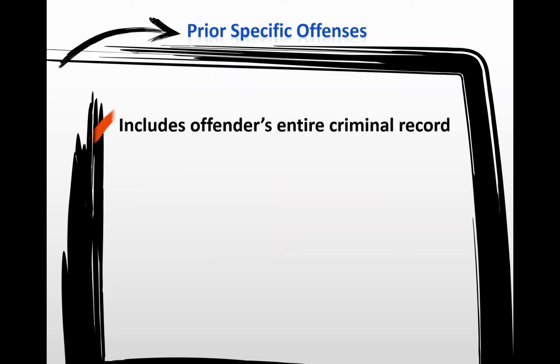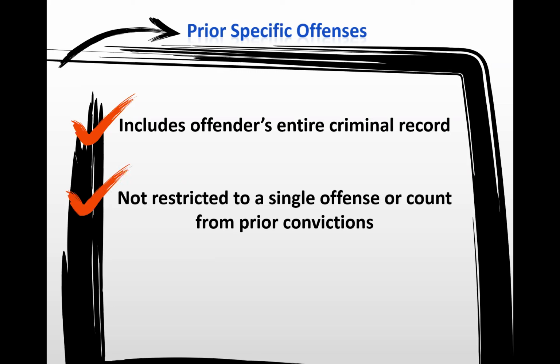Prior specific offenses includes the offender's entire criminal record. This is inclusive of both the juvenile and adult record. Unlike the prior convictions and adjudications factor, prior specific offenses are not restricted to a single sentencing event, and the total number of counts from the entire criminal record are considered when scoring this factor.